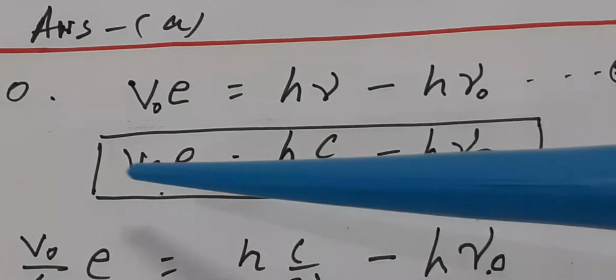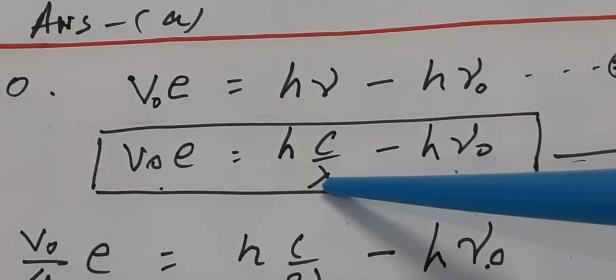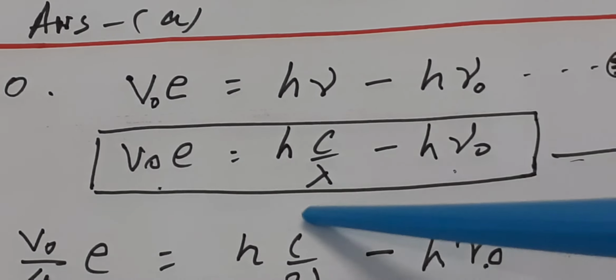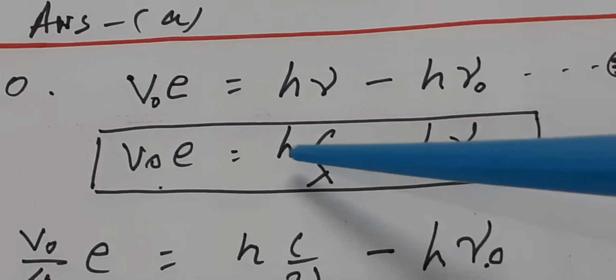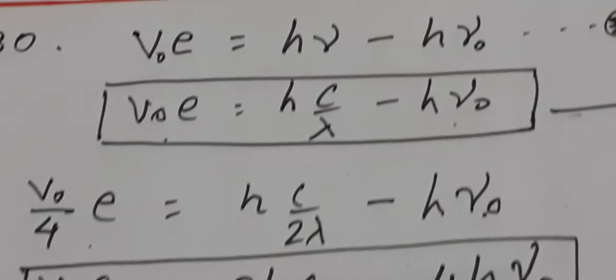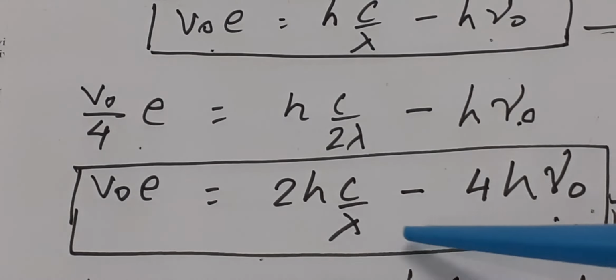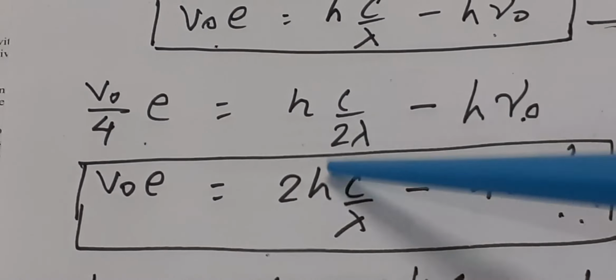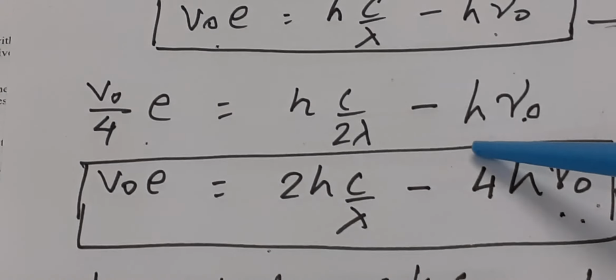Now the incident light has wavelength lambda, so c by lambda will come instead of nu. This is the first equation. Now when the incident light wavelength increases to twice lambda, c by twice lambda, then this part is fixed for a particular metal, the work function is fixed.